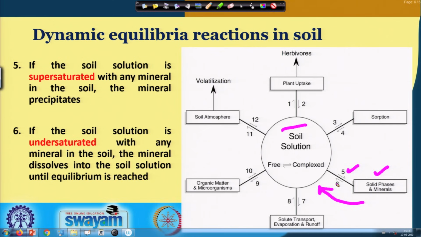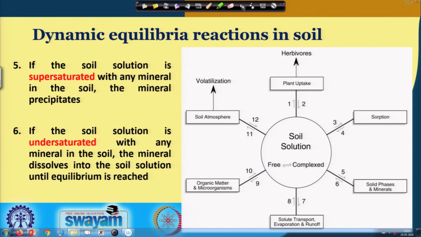So, you can see this is how these ions move to the solid precipitates and further dissolve to go to the soil solution to maintain the equilibrium.